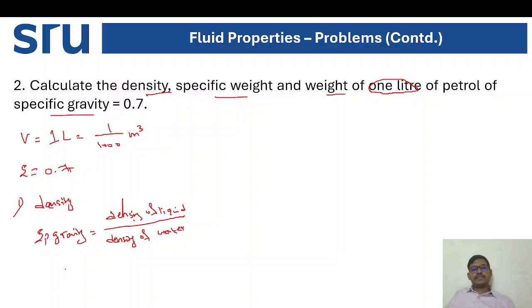Okay, agree? This is a standard one. So already we know the specific gravity, already we know this is 1000. So density of liquid we can find.